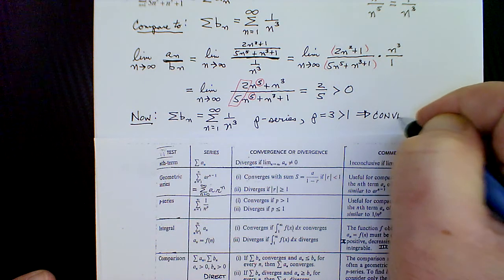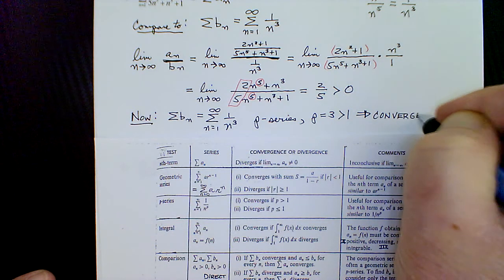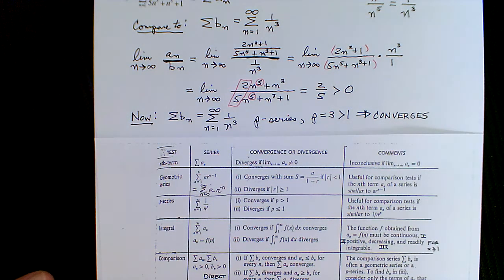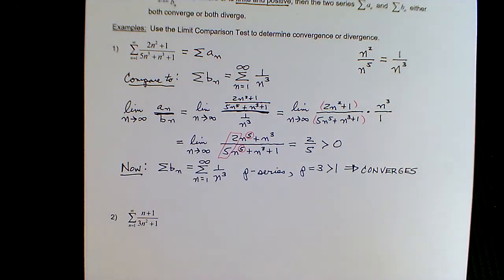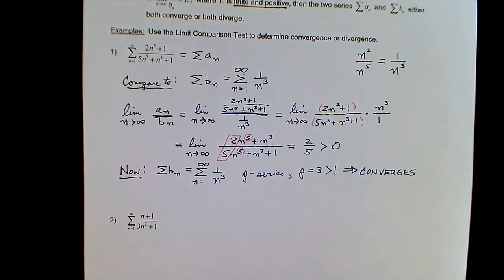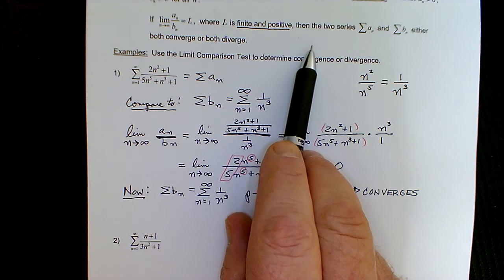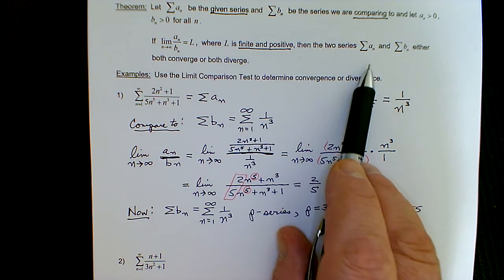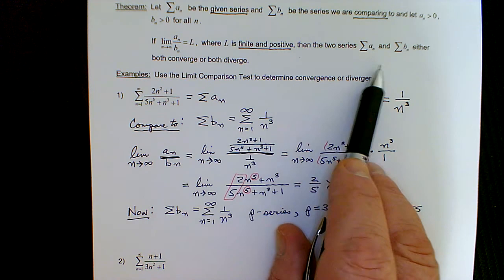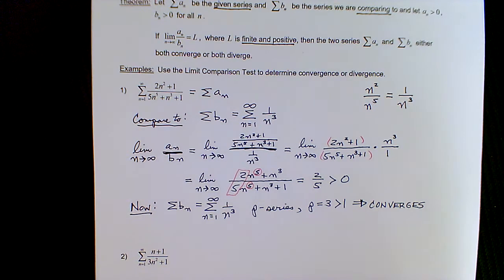So remember what the theorem said. We'll look back at it in a moment, or look at the one on the table if you like. It basically said that if you get a limit that's finite and positive, the two series will do the same thing. They'll either both converge or both diverge.